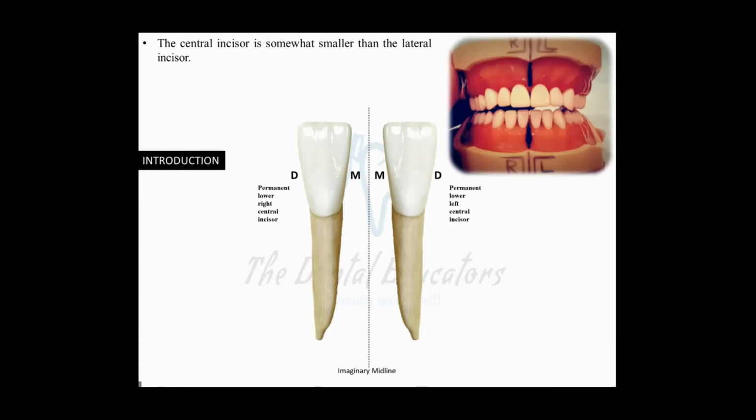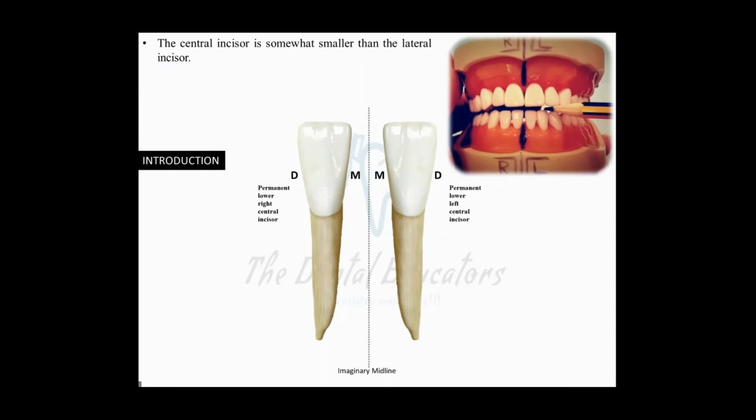So if we go through this video demonstration, we can easily identify that the mandibular central incisor of the left hand side has less incisocervical dimension and mesiodistal dimension in comparison to the lateral incisor of the left hand side.